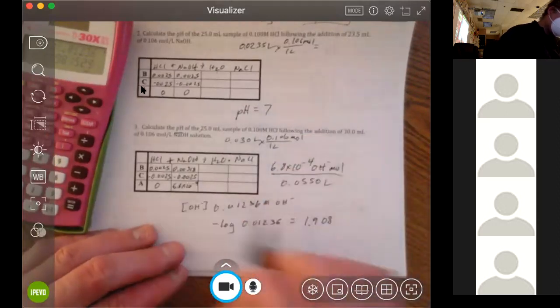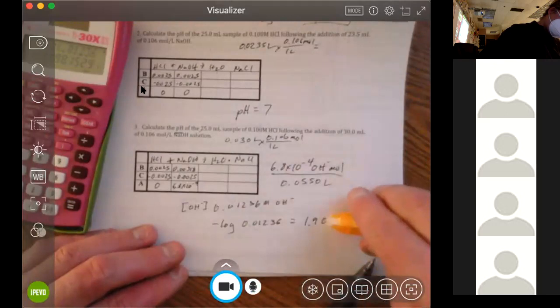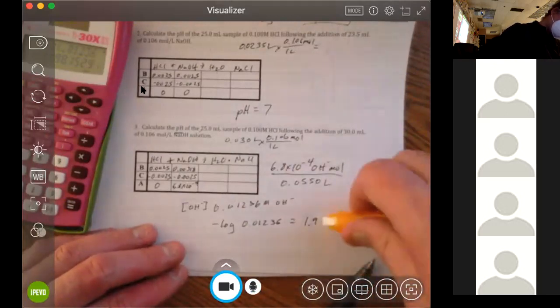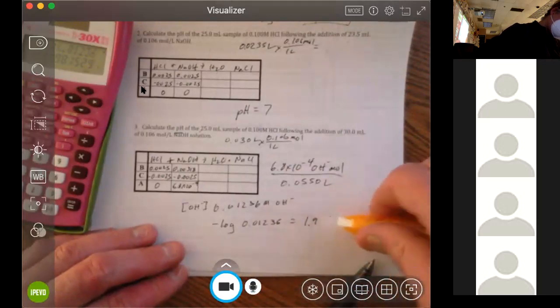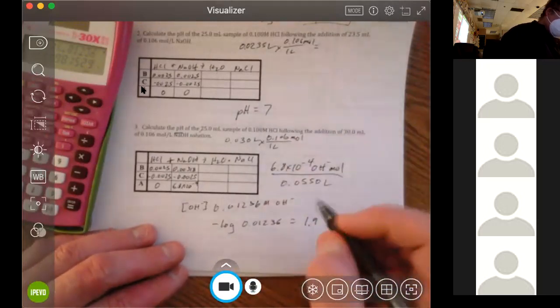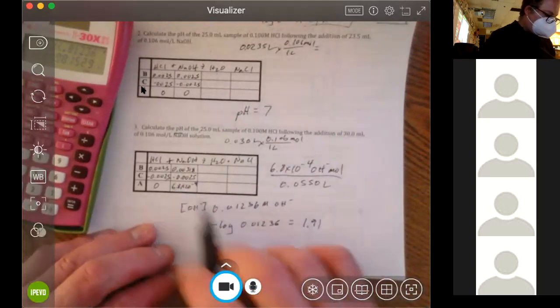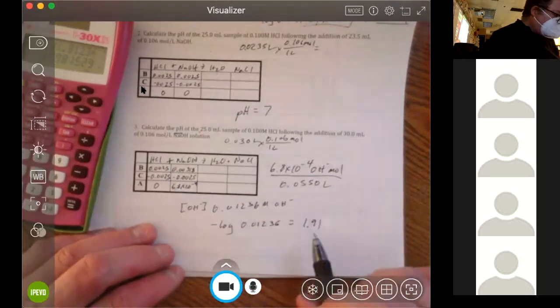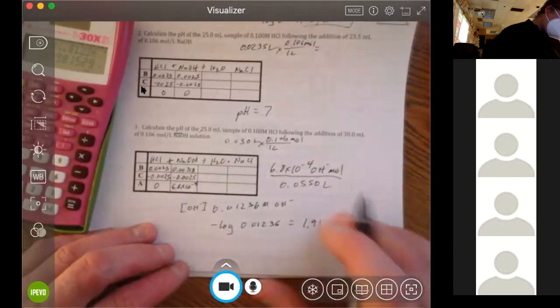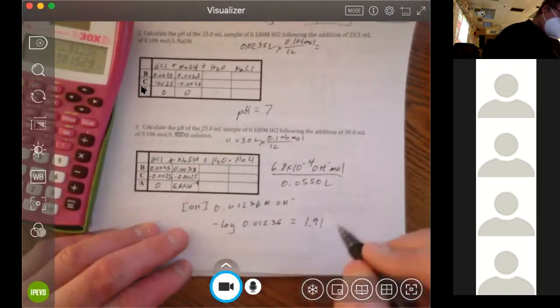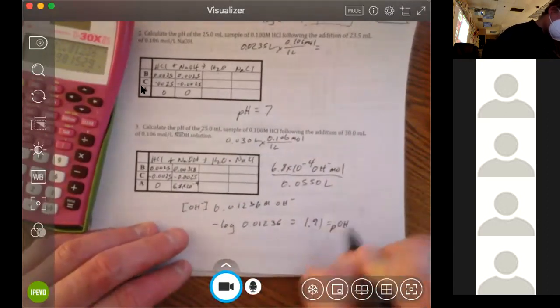Oh no, wait, it's a subtraction. So actually it is not 1.908, it's 1.91. Because we have the subtraction there, that's going to make that 2 significant digits. So 1.91, and they don't want the pOH. What do they want? pH.